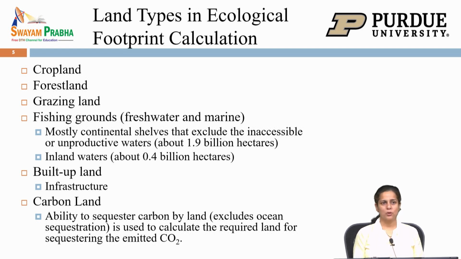So, that land is included and is termed carbon land. It is used to calculate the required land for sequestering the emitted CO2. And notice that even though ocean carbon sequestration is a big component of mitigating our CO2 emissions from human activities, it is not included in the carbon land.